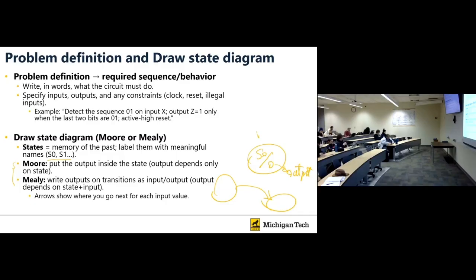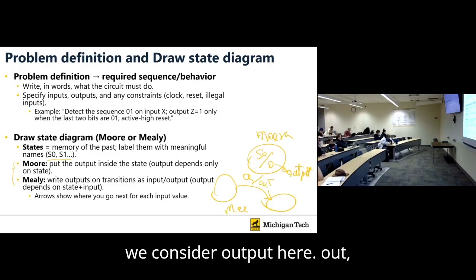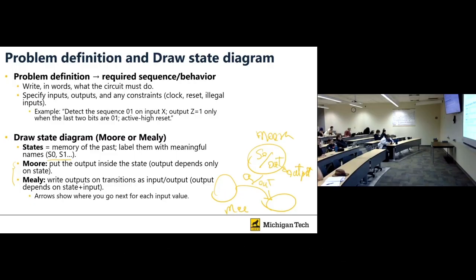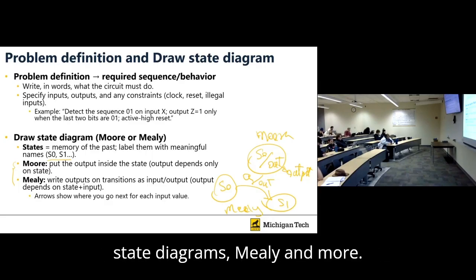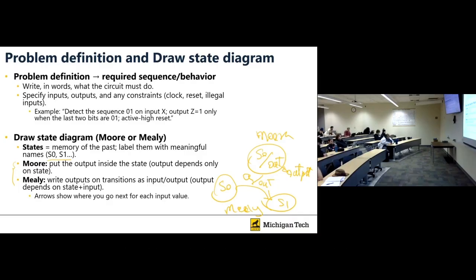If, for example, A is coming, we consider the output here, on the transition from S0 to S1. This is for the Mealy machine. That's the difference between these two state diagrams, Mealy and Moore.